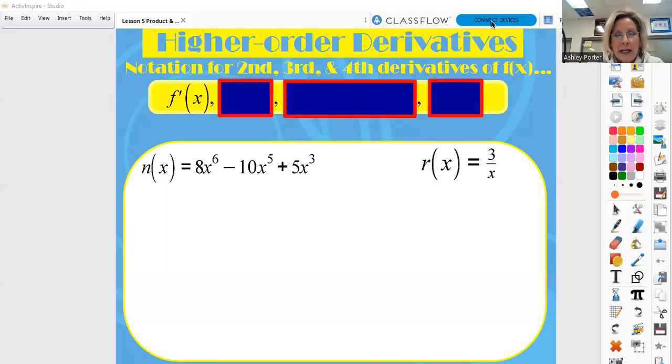All right, getting back to some basics, let's look at notation. So this is just an addition to power rule essentially today. Let's look at higher order derivatives.